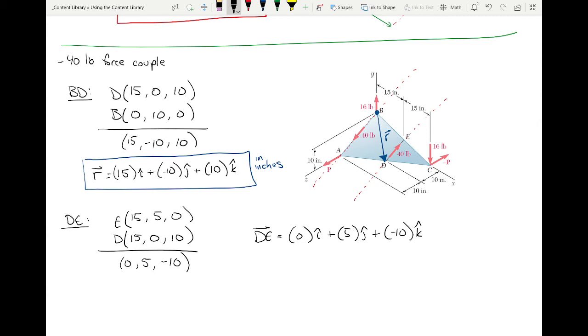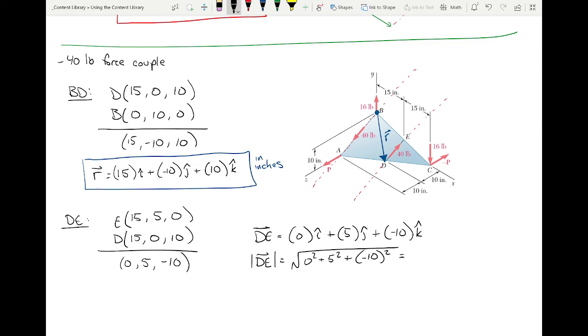All right. Now, this isn't enough, right? Because this is just a distance vector. To get a force vector, we have to take this, turn it into a unit vector, and then take that unit vector and multiply it by 40 to get a force vector. So let's do that. What's the magnitude of DE? It's 0 squared plus 5 squared plus negative 10 squared.